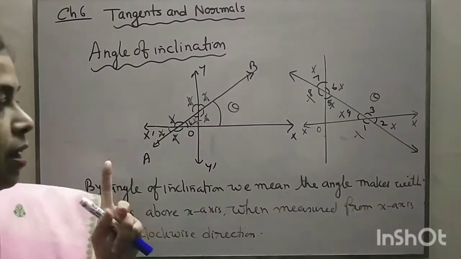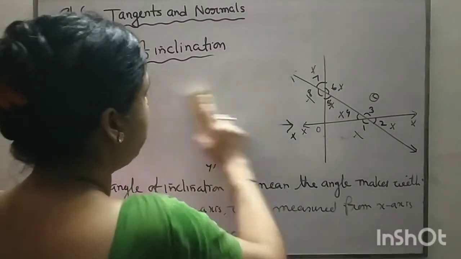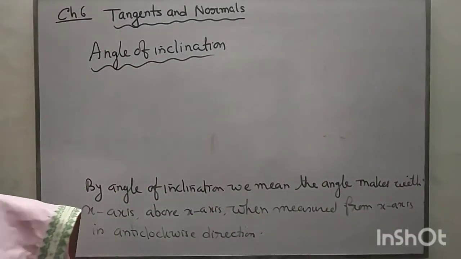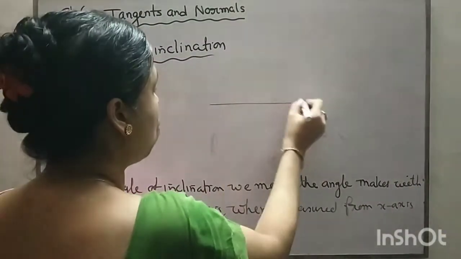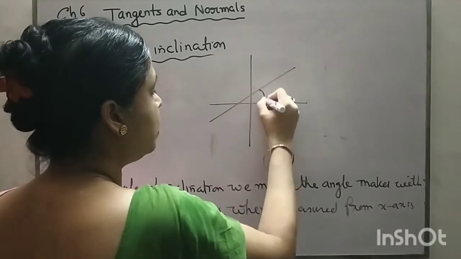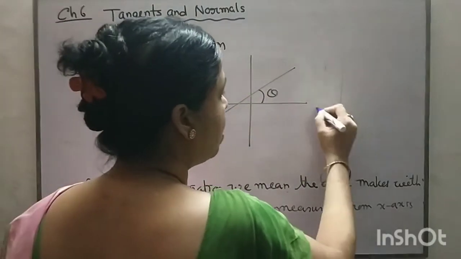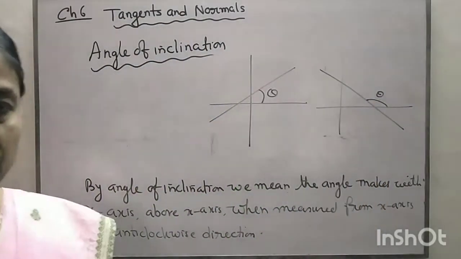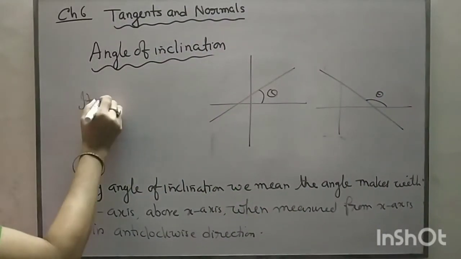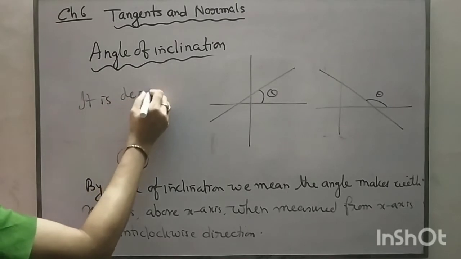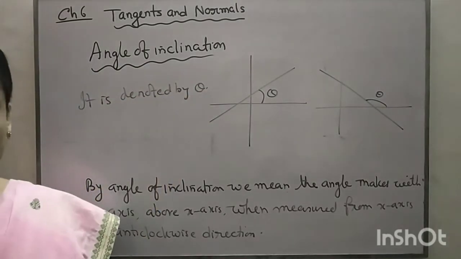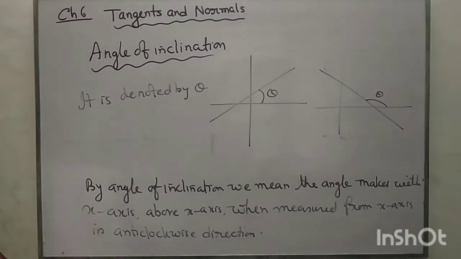So angle of inclination is the angle made with x-axis, above x-axis, when measured from x-axis in anti-clockwise direction. For this line, this is your angle of inclination, and if the line is like this, this will be your angle of inclination. Okay, and you can write down it is denoted by theta.